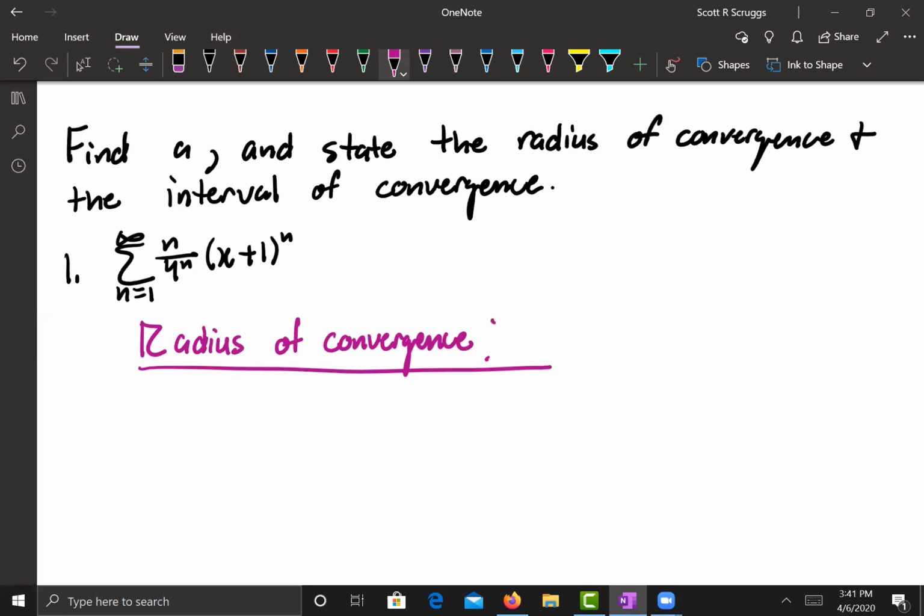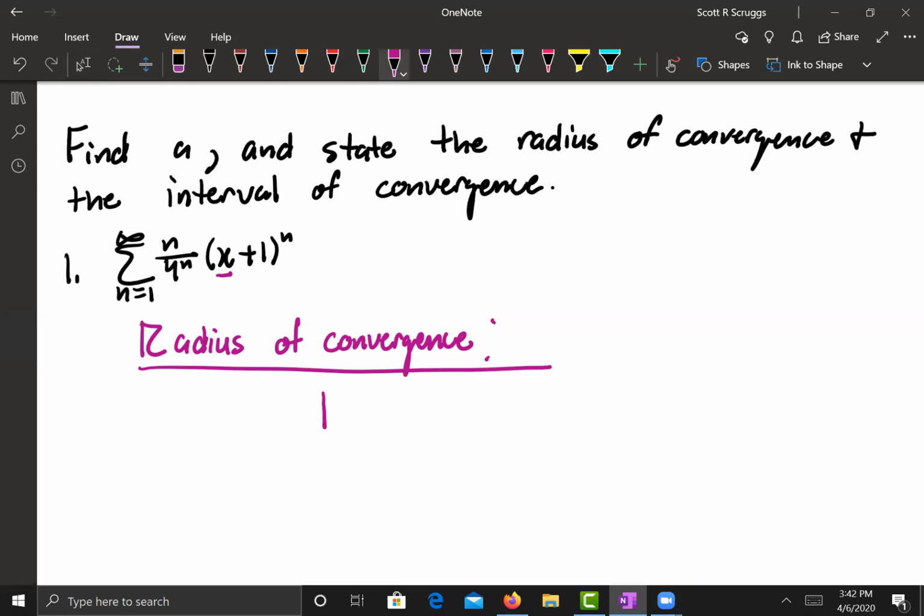And it's mainly because we now have a value x in there that could change based on what we plug in. And so we have to ask ourselves, how can I make sure that I converge based on I could plug in any x?